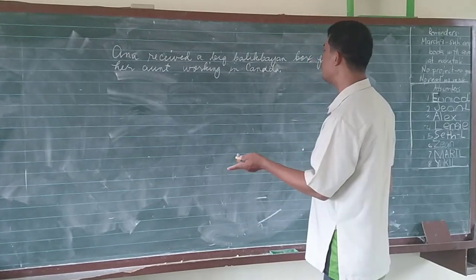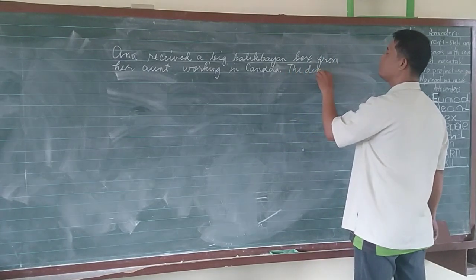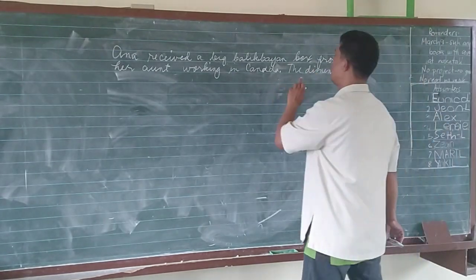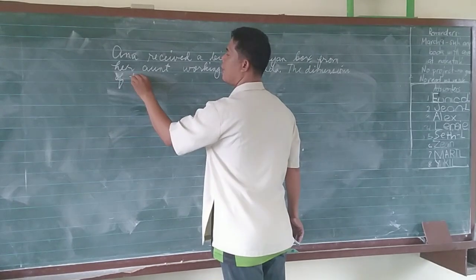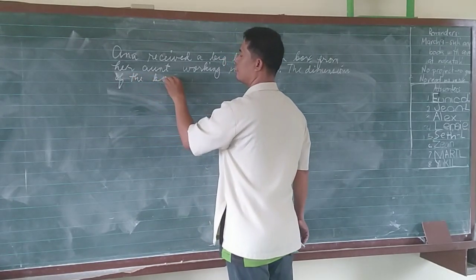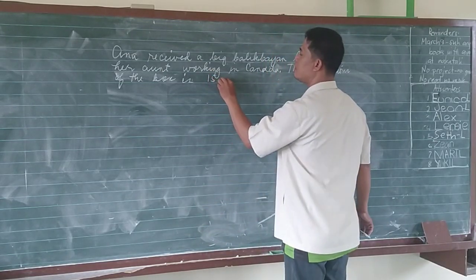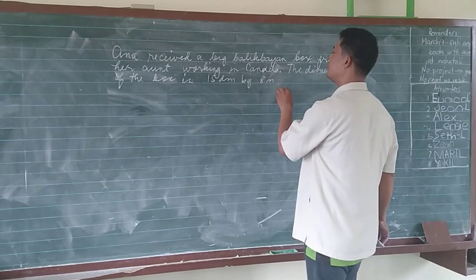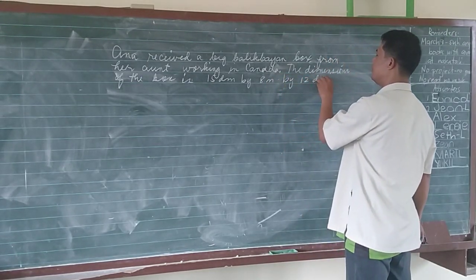So you can say that the dimensions of the box is 15 decimeter by 8 decimeter by 12 decimeter.